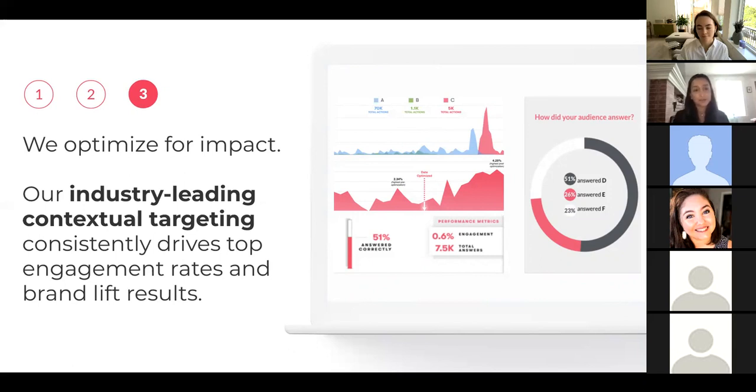Through ActionButton, we're able to gather all of that first party data in terms of how people are answering questions, in terms of their sentiment levels, and also able to optimize in real time. So if we're running different creatives, for example, we're able to optimize to what's performing the best and consistently stay on top of driving industry leading engagement rates and brand lift results through our campaigns.